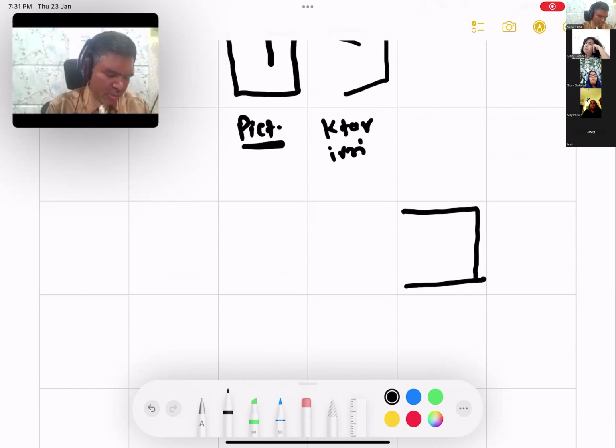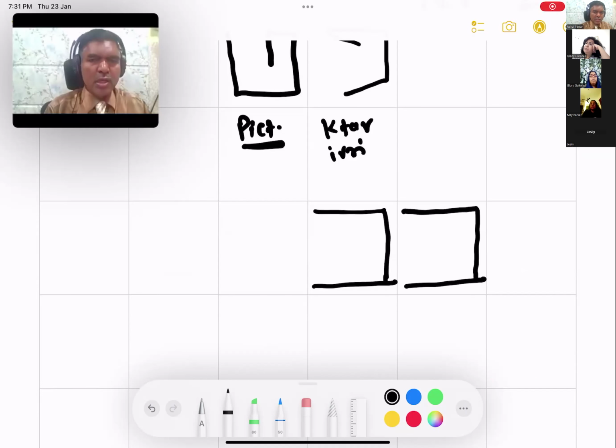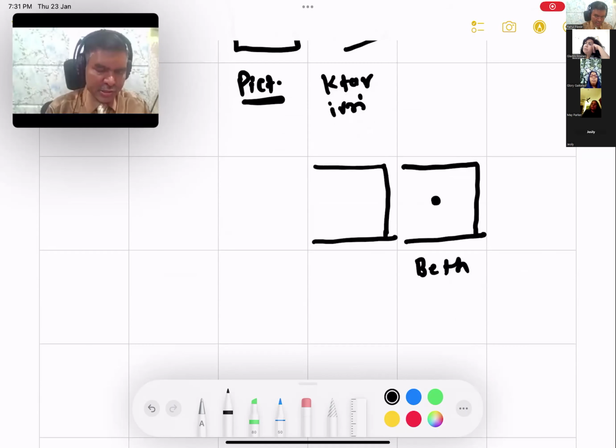I will write 2 times Beth to make you understand. Now, listen here. If there is one dot in Beth, this Beth is called Beth, and in English transliteration, it is B as in boy.